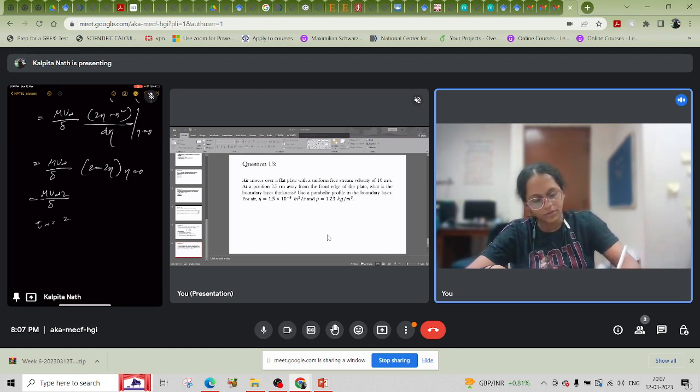This is tau w is equal to 2 mu u infinity by delta.